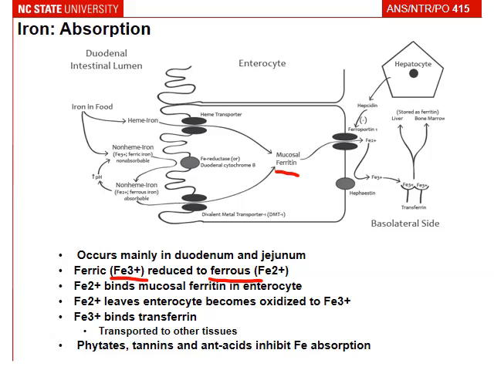So this is ferritin found within the enterocyte. And then it is oxidized back to ferric iron, and it leaves. So we have our ferrous iron leaves, and it's converted back to ferric, and it binds transferrin.